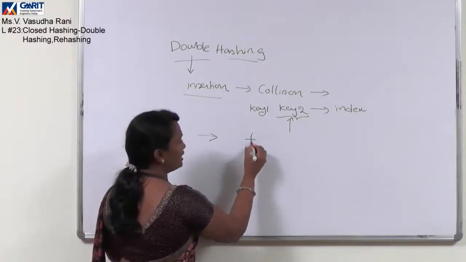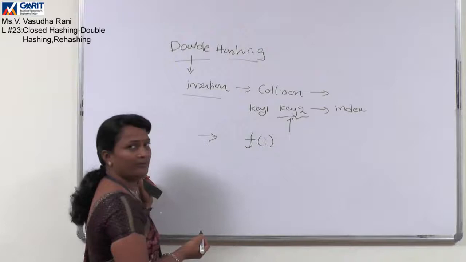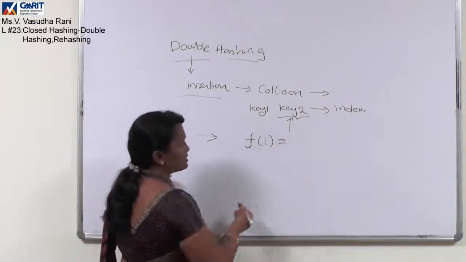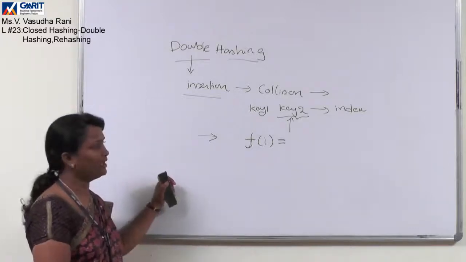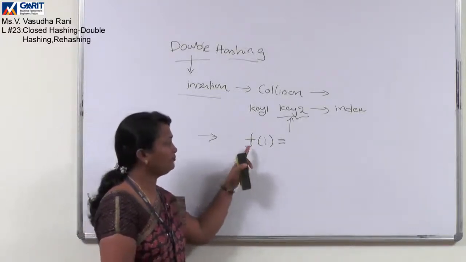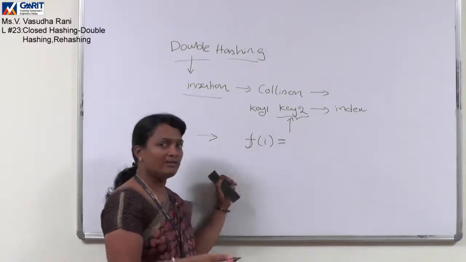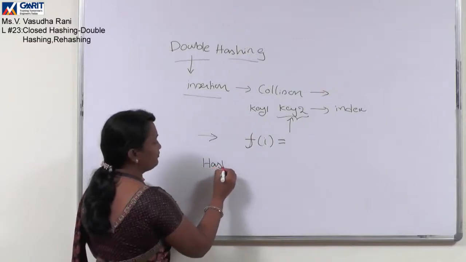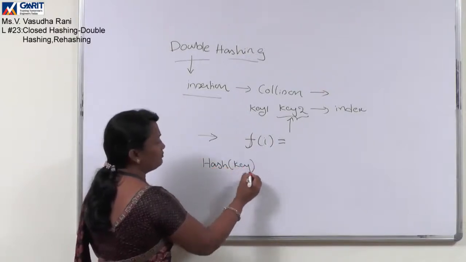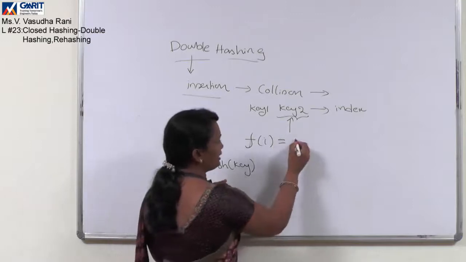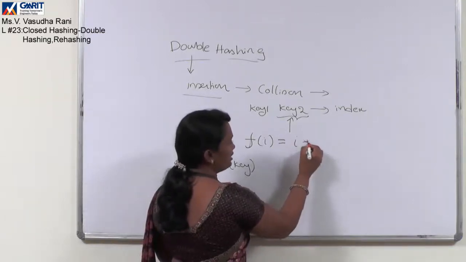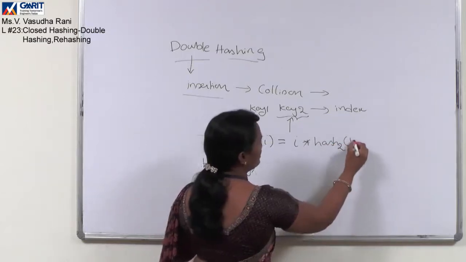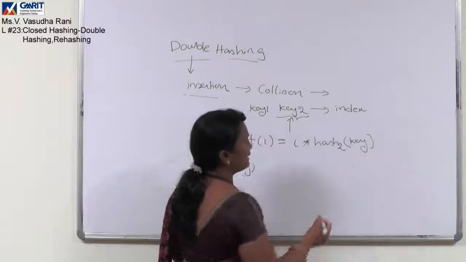In the earlier linear probing and quadratic probing, what we have done is define this f of i function. Here, with the double hashing process, this f of i is defined in terms of another hash function. The first hash function is hash of key, and the second hash function is represented in terms of i and hash 2 of the key.